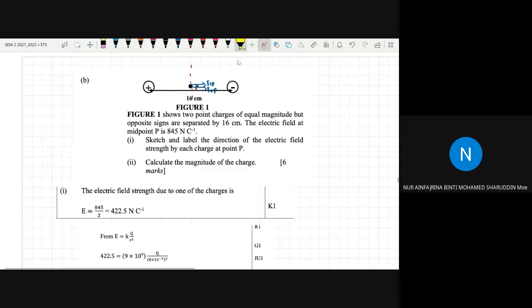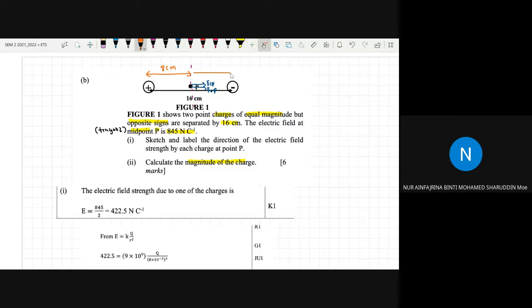Dia dah bagi tahu nilai electric field dekat midpoint P ni adalah 845 Newton per Coulomb. So charges ni dia ada equal magnitude tapi opposite sign. Di mana dua charge ni akan diseparatekan by 16 cm. So bila midpoint maksudnya daripada charge 1 sampai point P ni adalah 8 cm.